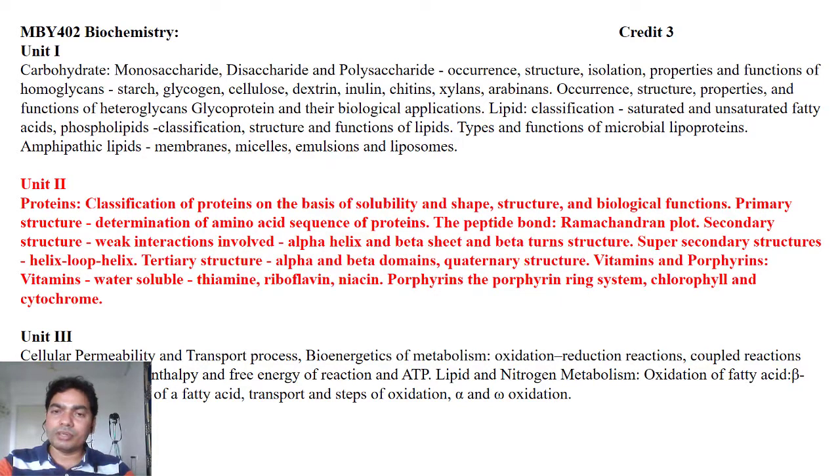And then topics related to vitamins and porphyrins, rings, thiamine, riboflavin, niacin, porphyrin and the porphyrin ring system, chlorophyll and the cytochrome. So this is all about unit second. The target is 15 to 16 lectures related to unit second.